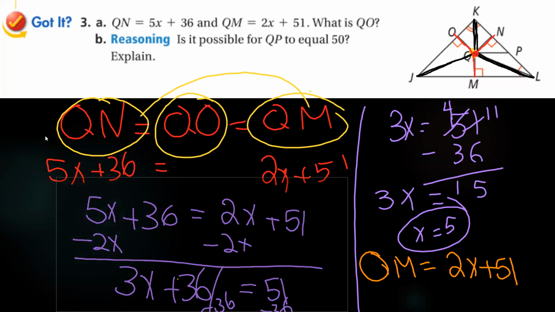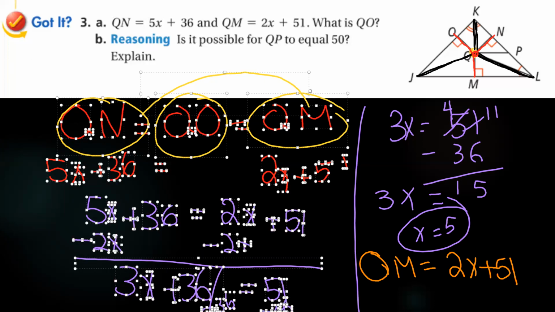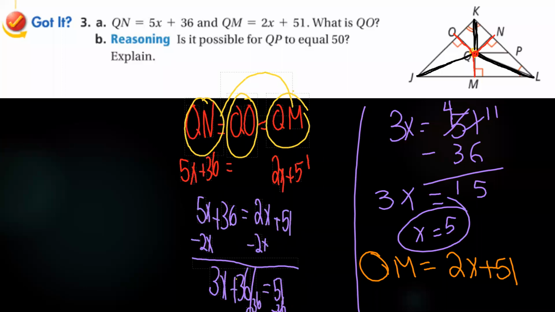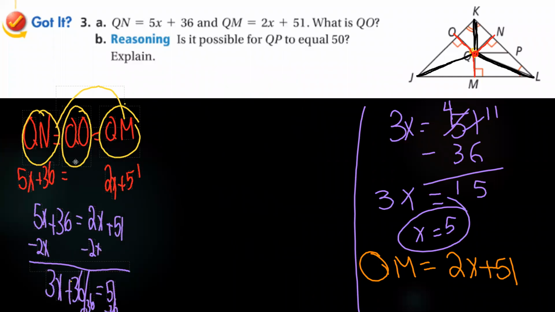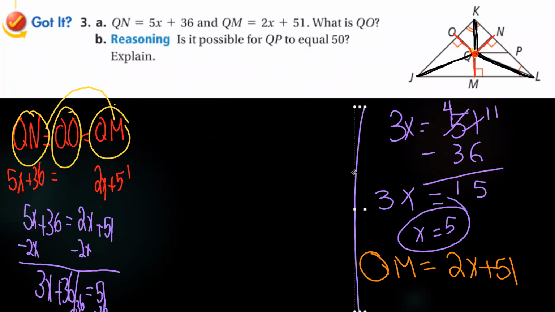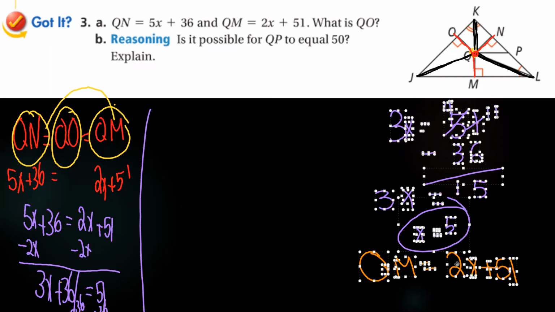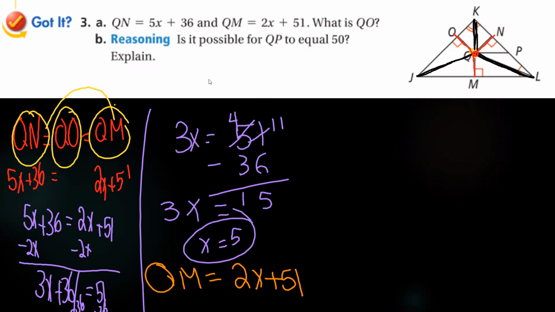Just a second, please. So QM is 2x plus 51, and I need now to evaluate x.